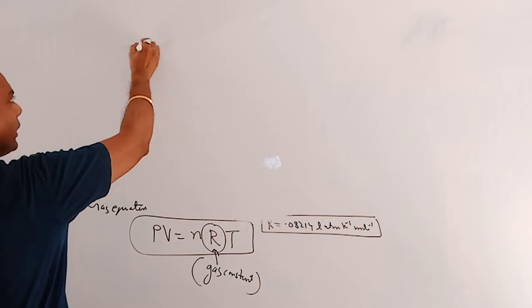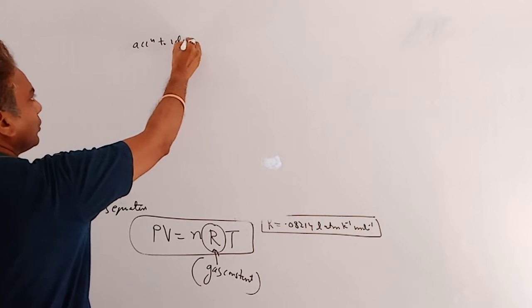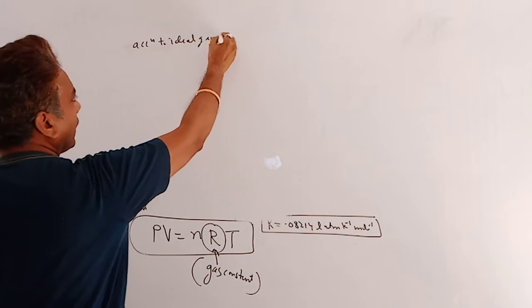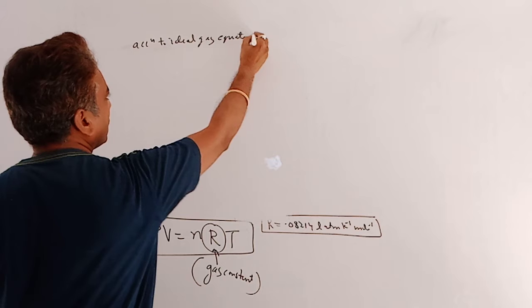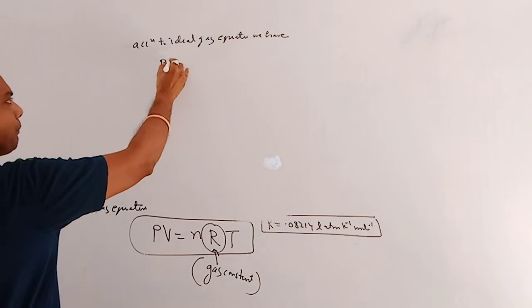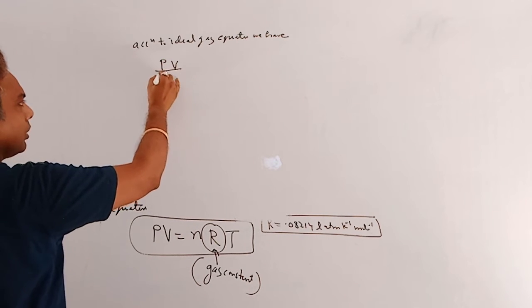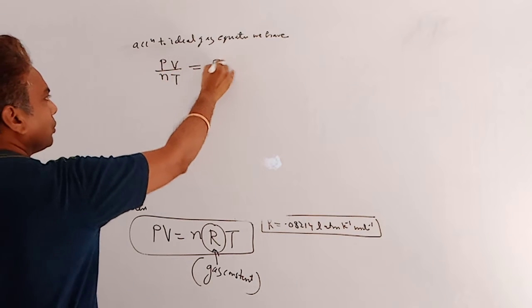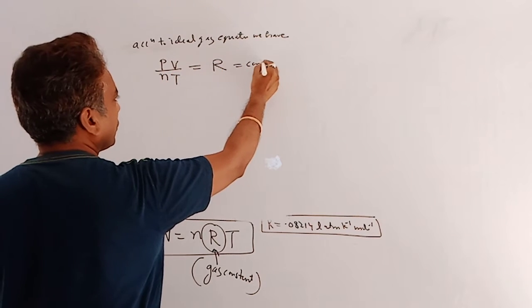So according to the ideal gas equation, we have PV upon nT, which is equal to R, which is equal to constant.